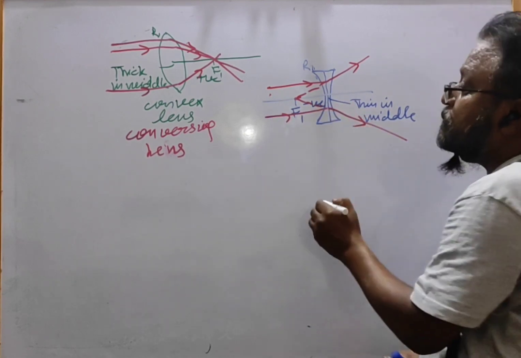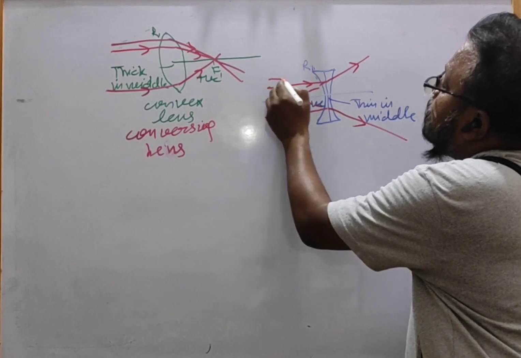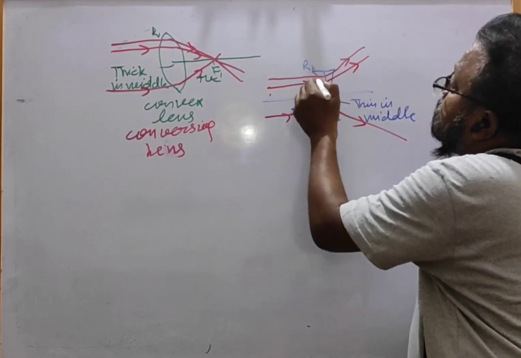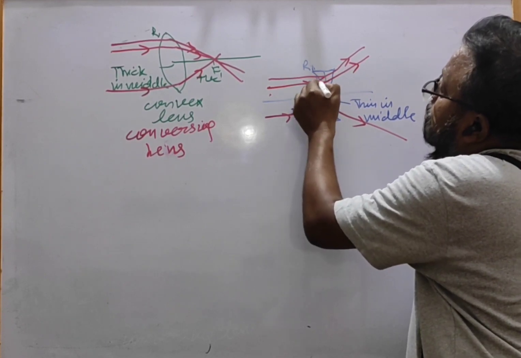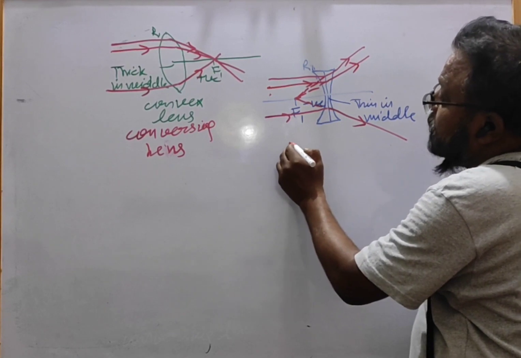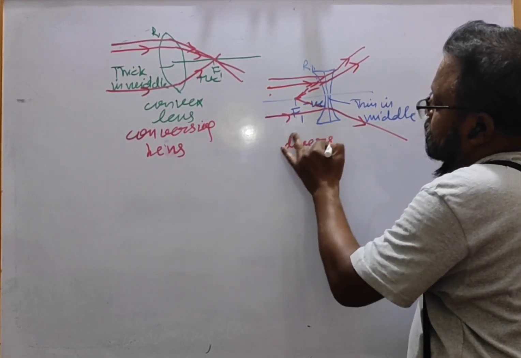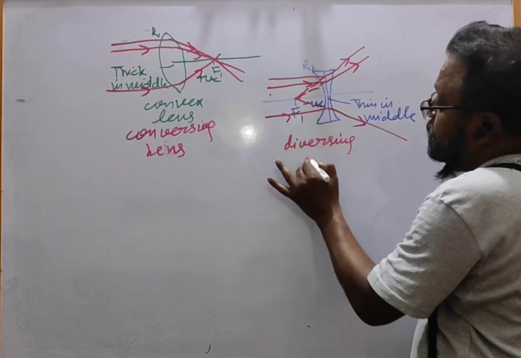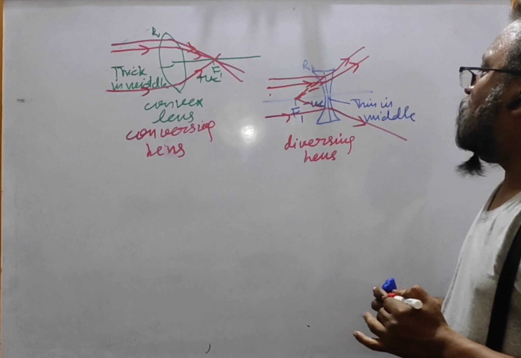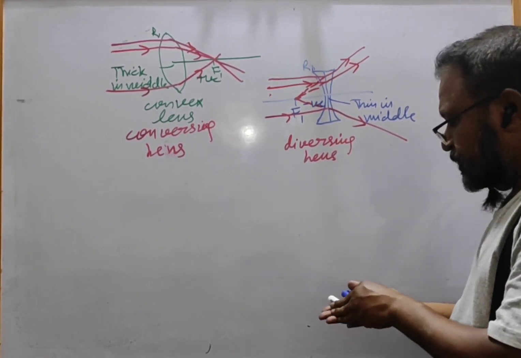That's why I'm saying it is a diverging lens. Light rays are coming like this, they get deviated, and it seems to be coming from the focus. So that's why it is a diverging lens, right?